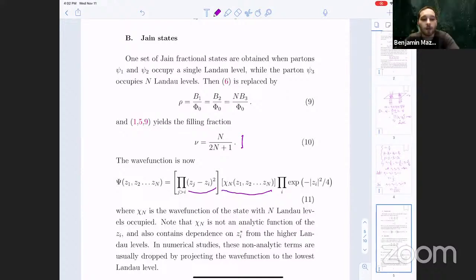I guess a follow-up, I don't know if this is something that you would readily have the answer to, but are there some states that can be equally well described with different numbers of partons? It could be, but I'm not aware of it. In the end, what's the invariant property of the state, which is not up for debate, is the total number of independent edge states. What are the edge states and what is the K matrix on the edge states? The K matrix can take different forms.